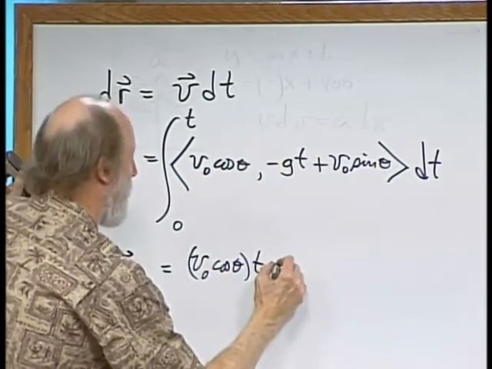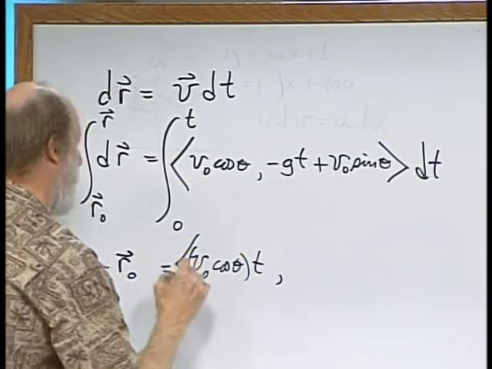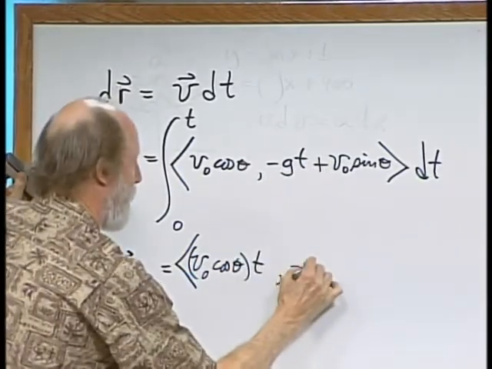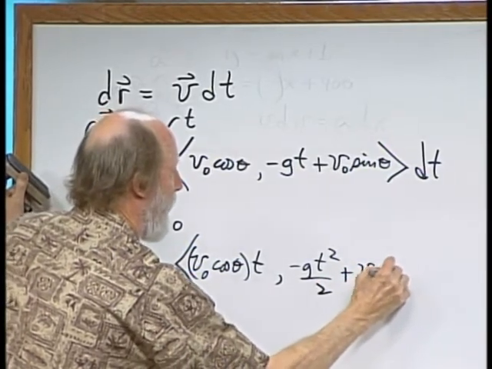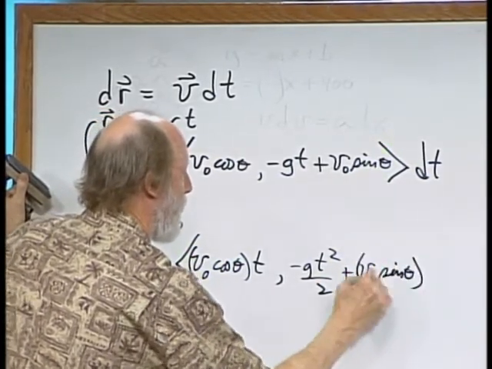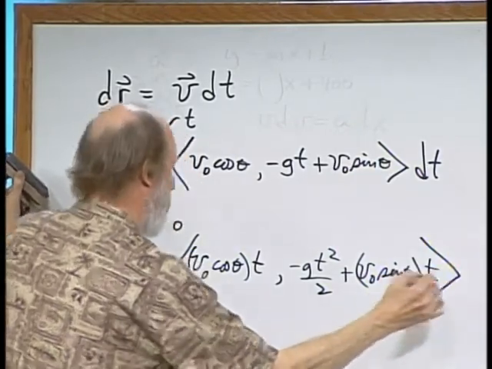Now we come over here and we integrate this one. I might as well keep it in the vector notation here. And so we're going to get a minus gt squared over 2 plus, again, a v naught sine theta this time times t. And that takes care of it on that side.